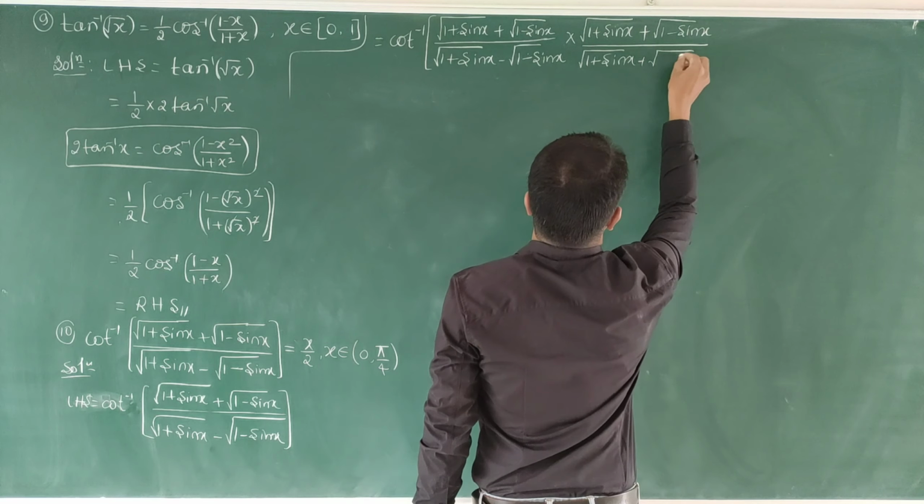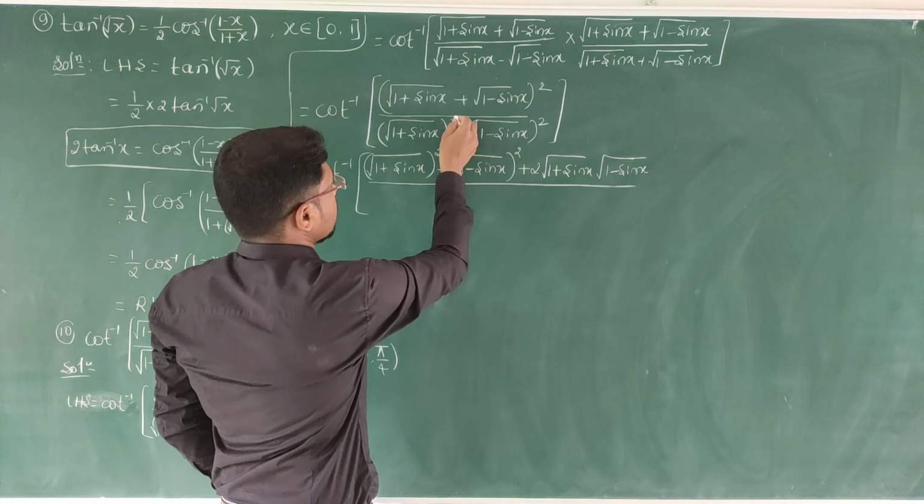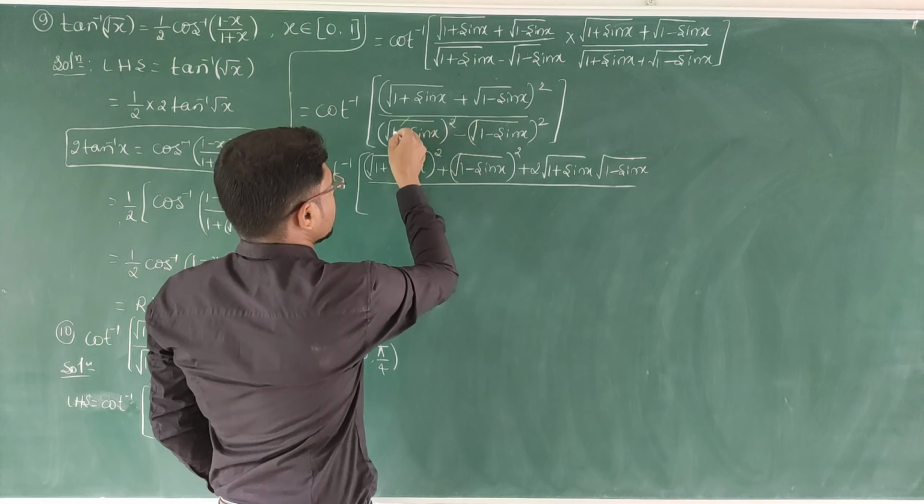Okay, so this is equal to cot inverse of, see, a square plus b square plus 2ab I will write: 1 plus sin x plus 1 minus sin x plus 2 times root 1 plus sin x root 1 minus sin x, divided by, square and square get cancelled, 1 plus sin x minus 1 plus sin x, that is sin x plus sin x.